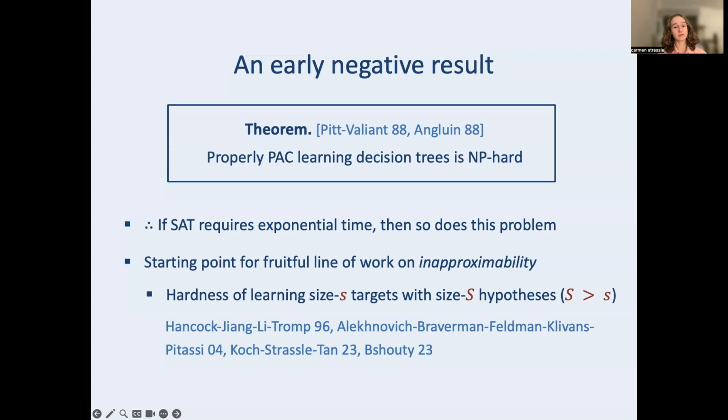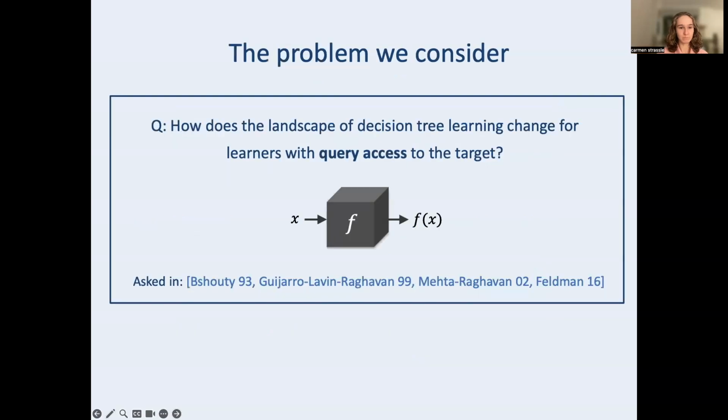Instead, we're going to change the problem in a different way. We're going to make it algorithmically easier in a different way, and that will make our job as lower bounds people a little bit harder and a little bit more interesting. So here's the problem that we consider.